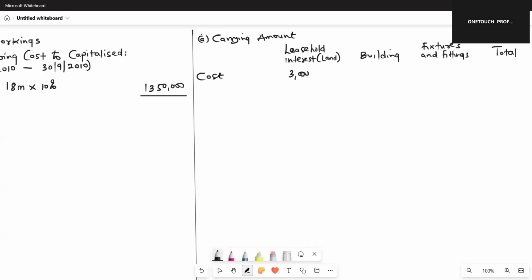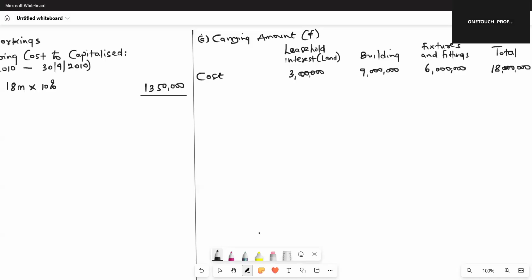Please, fixtures and fittings? 6 million. So the total will be how much? 18 million. So it means that if they finance everything with the loan.